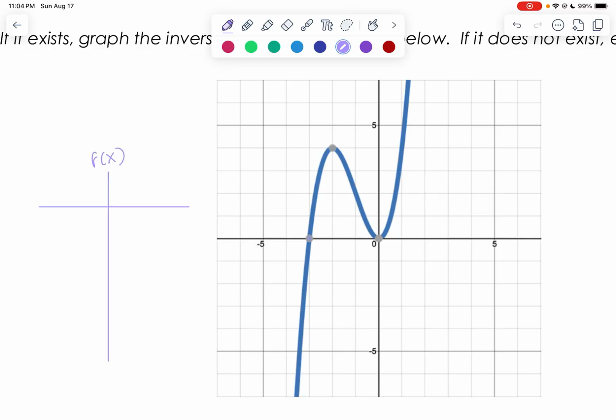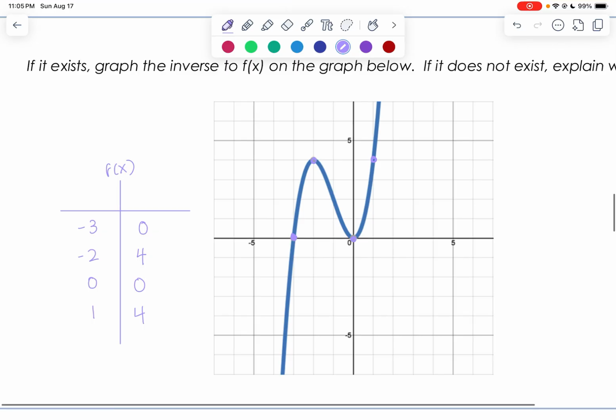I'm going to use these points right here. So this first one is -3, 0. That next one is -2, 4. Then I have the origin, 0, 0. And then I also have 1, 4.